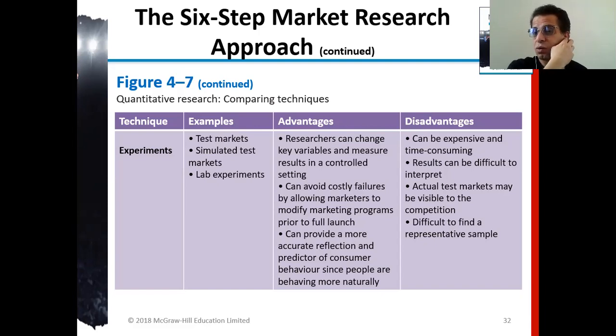These people go out and might be asked by competitors what kind of questions they were asked and what kind of goods they were given to test. So these are all observable and can be leaked. It is also difficult sometimes to find a representative sample, such as 10,000 people to test your cookies out of 10 million.